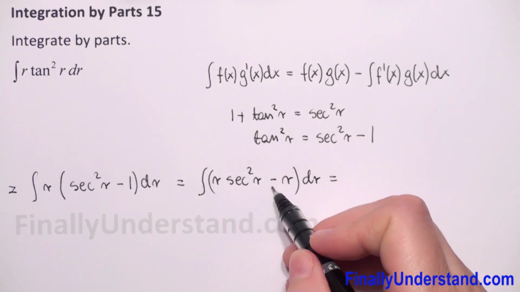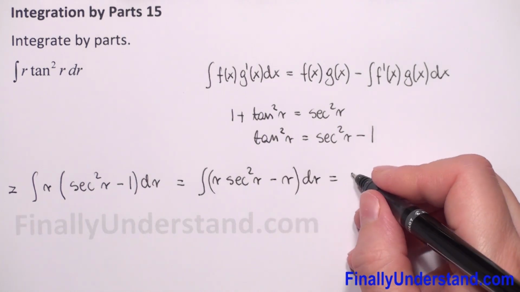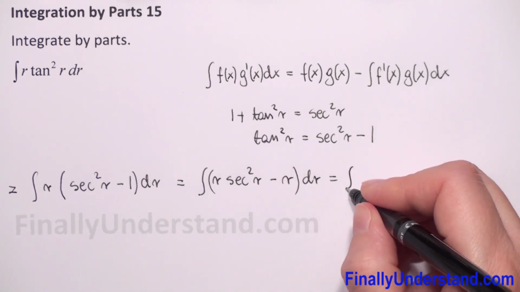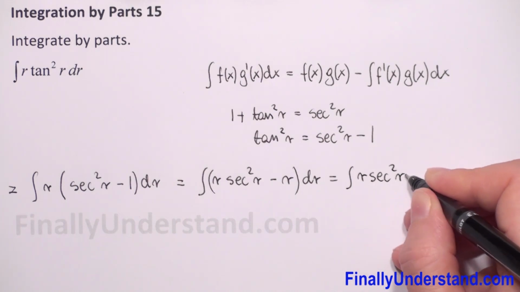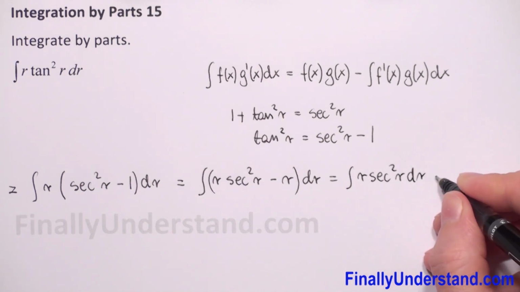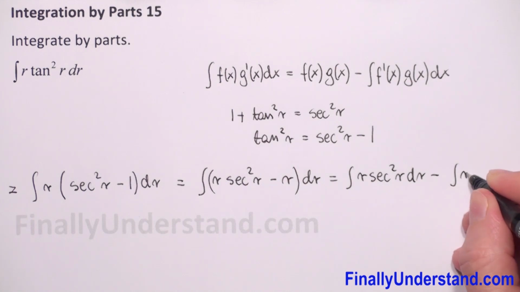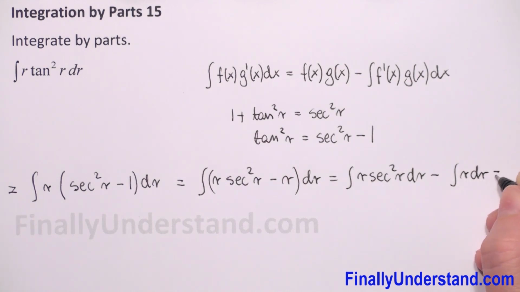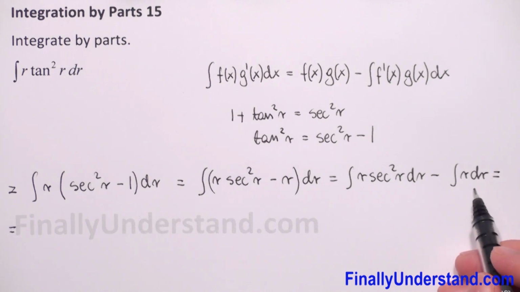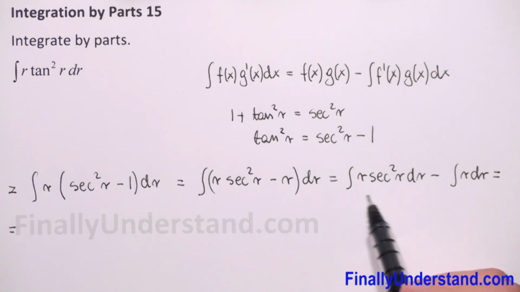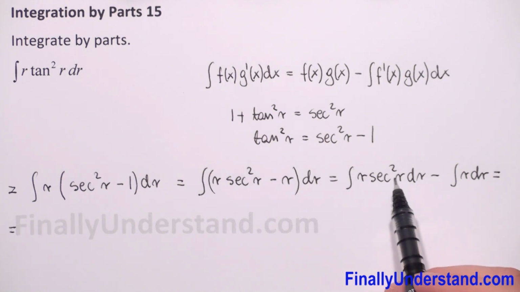So we have the integral of a difference, so we can rewrite this as a difference of integrals: the integral of r secant square of r with respect to r minus the integral of r with respect to r. The second integral is very easy to solve. What we need to do? We have to solve only the integral of r times secant square of r.